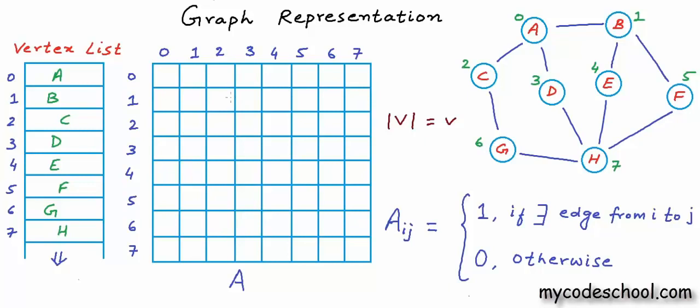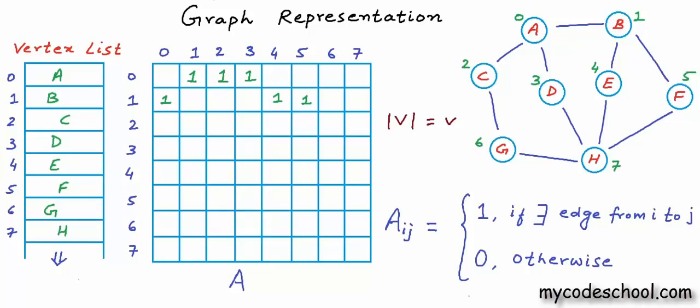If I have to fill this matrix for this example graph here, then I'll go vertex by vertex. Vertex 0 is connected to vertex 1, 2, and 3. Vertex 1 is connected to 0, 4, and 5. This is an undirected graph, so if we have an edge from 0 to 1, we also have an edge from 1 to 0.